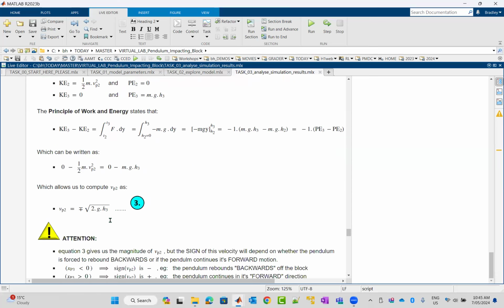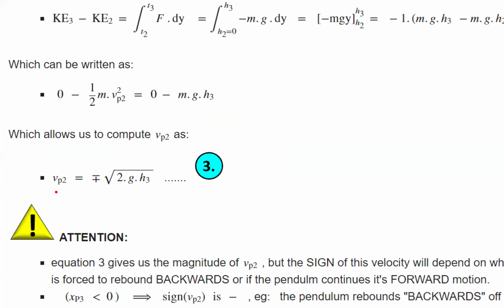This gives us a mechanism to compute the departure velocity of the pendulum, and it involves one of the measurement heights that we got from our experiment.